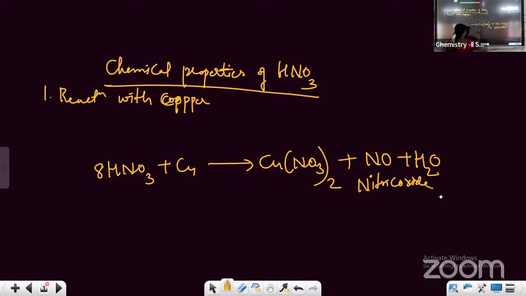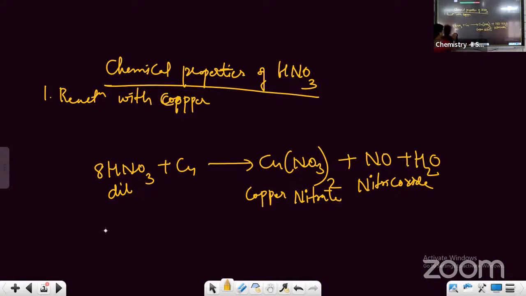And this is copper nitrate. Now, here we have taken dilute nitric acid. So when we are taking dilute nitric acid, this is giving copper nitrate plus nitric oxide.